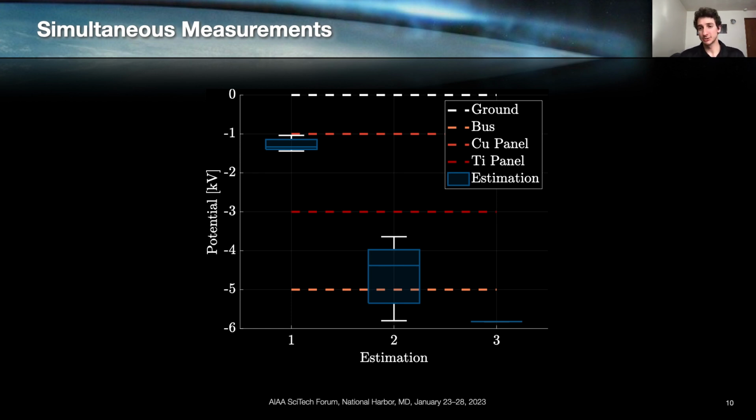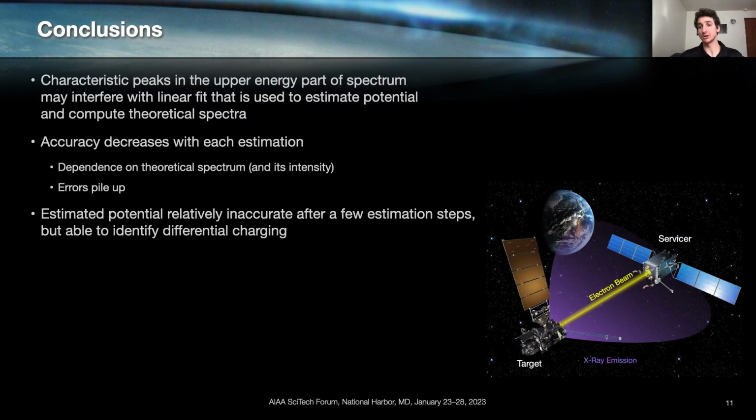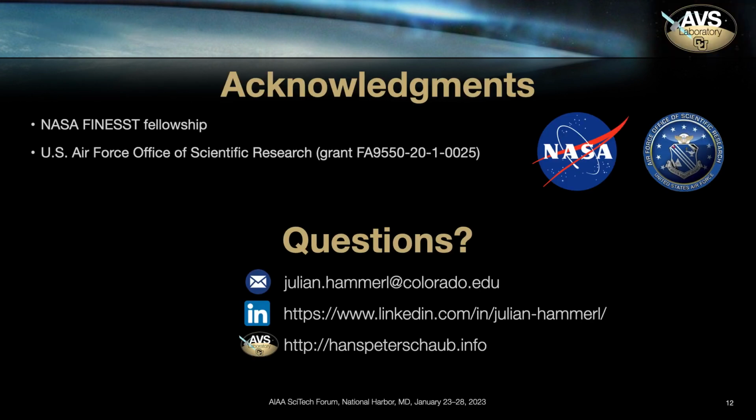So what we found in this work is that if you have so many components and potentials inside one spectrum, then you might be able to identify differential charging. So you might be able to identify that there are 2 potentials, but you're not able to measure both potentials or 3 potentials accurately. Those are really the conclusions as well: the estimation becomes more inaccurate with every step, and also the characteristic peaks are sometimes a problem.